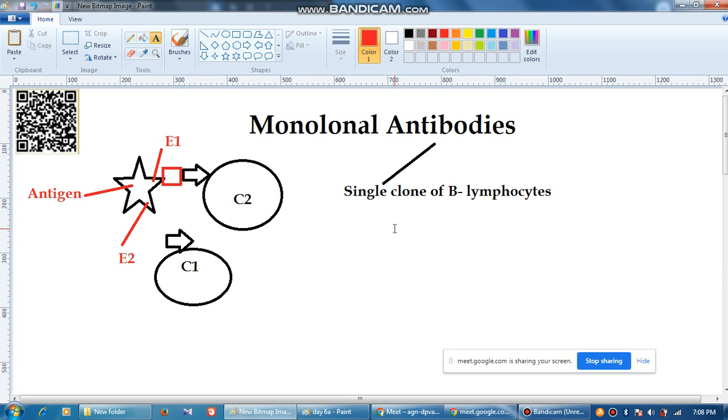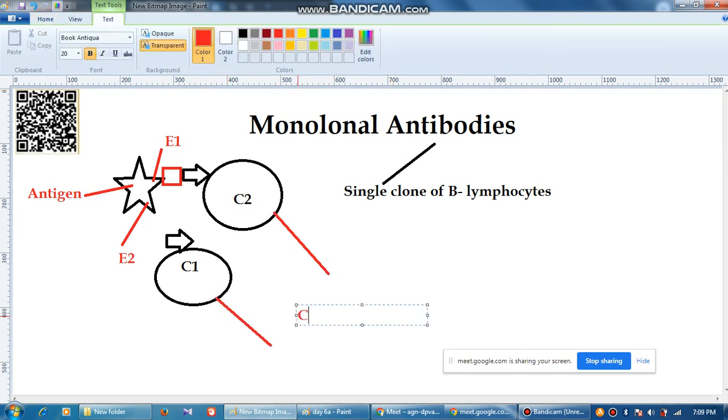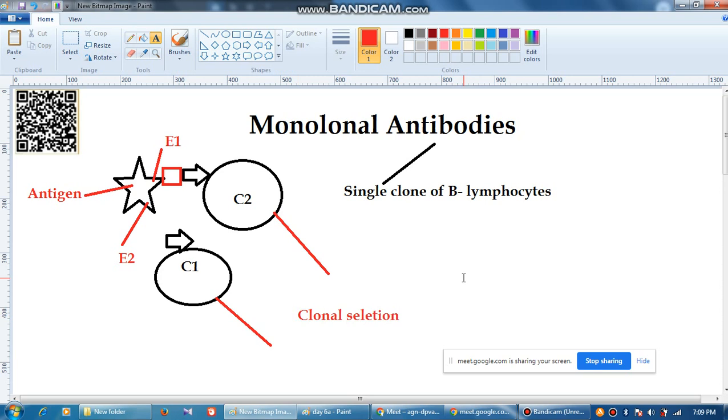After the binding, a process known as clonal selection will be initiated, and eventually each of these C2 and C1 cells will differentiate multiple times.